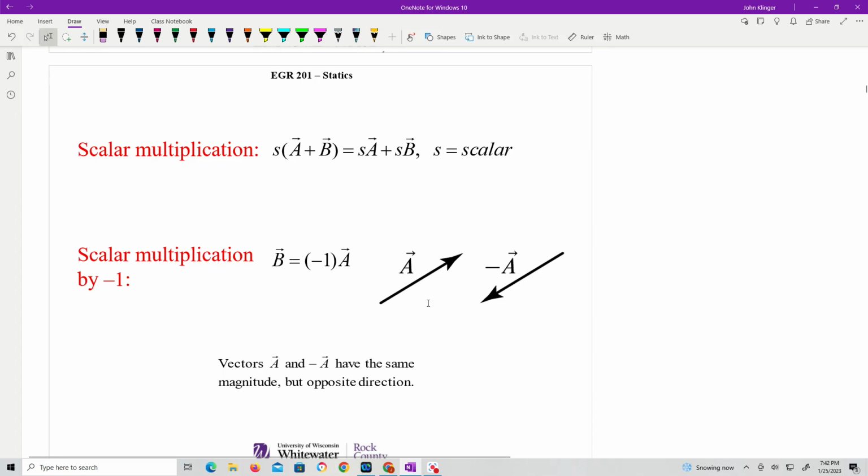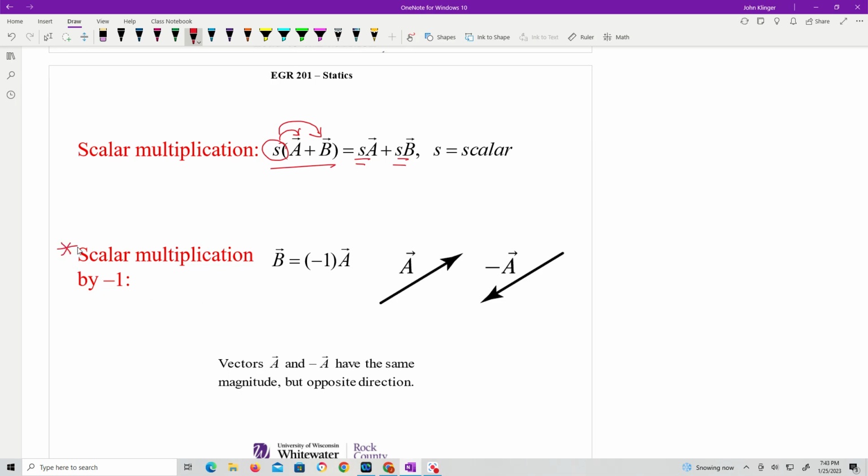We have the ability to do scalar multiplication. We take some scalar number, some value, and we can distribute that into each of the vectors. So if we did the vector addition first and then multiplied it, we could do that, or we could do the multiplication first and then add the vectors. We'll get the same result.